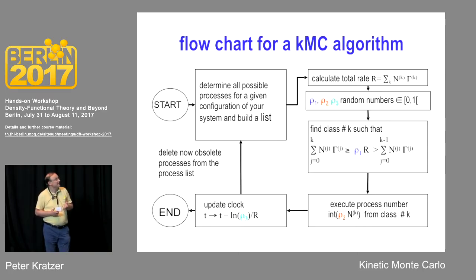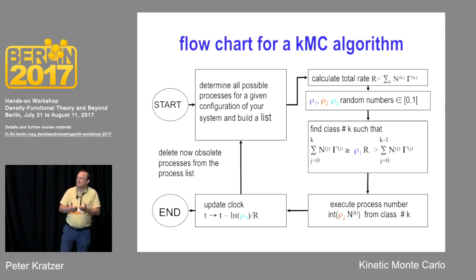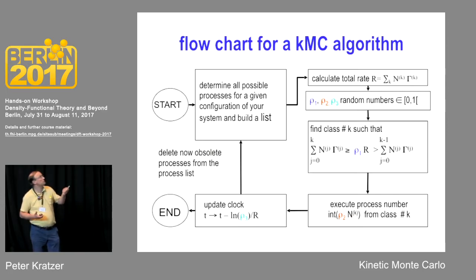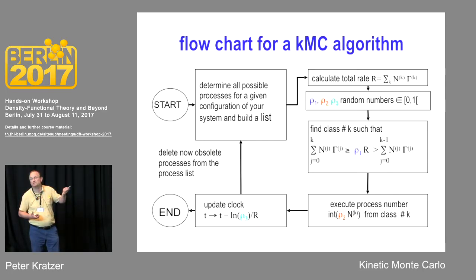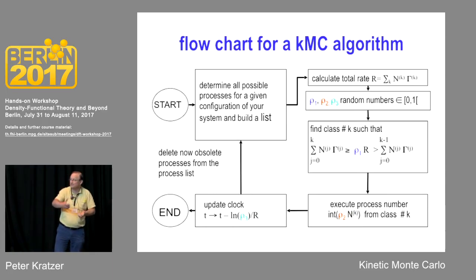Okay, now I should say all this also has a connection with averaging, with statistical averages. I mean, you can and should do the KMC simulation for many starting conditions. You start, say, 1,000 times with a different seed of the random number generator. And then you get 1,000 movies, 1,000 processes.